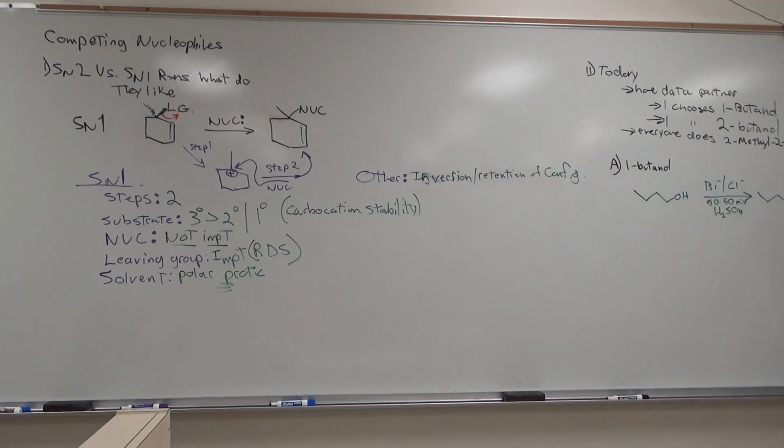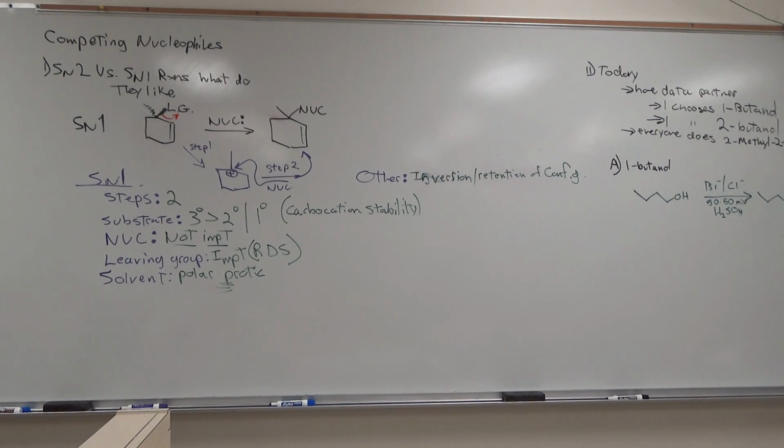According to what I've taught you, which one of the two mechanisms would you expect this reaction to go through? It's actually not quite that hard. I mean, it's extra hard for you guys because this is brand new. Still, not an unreasonable question to ask.